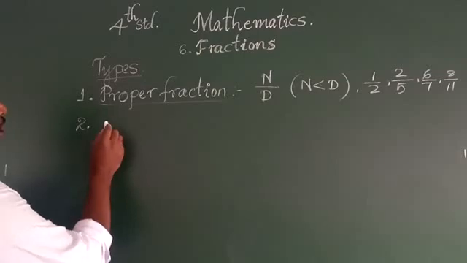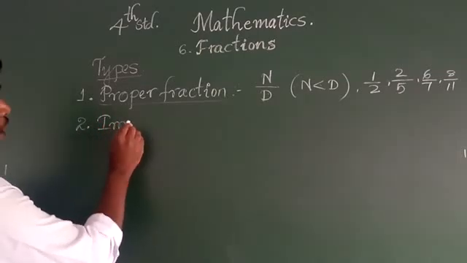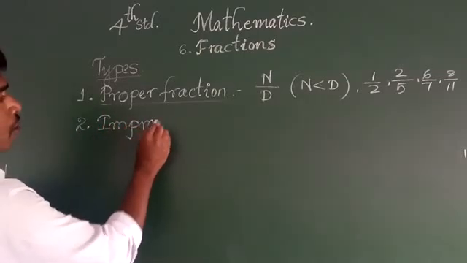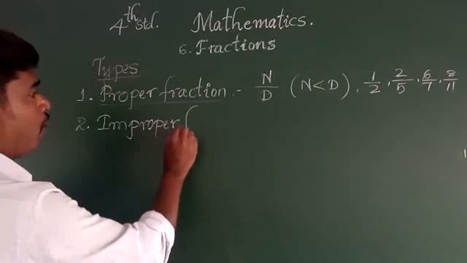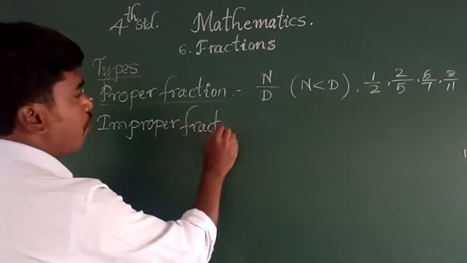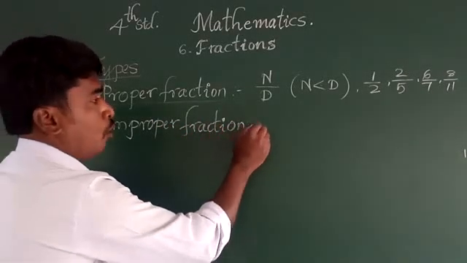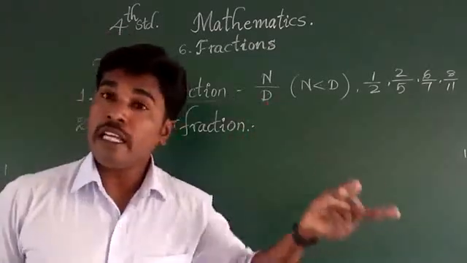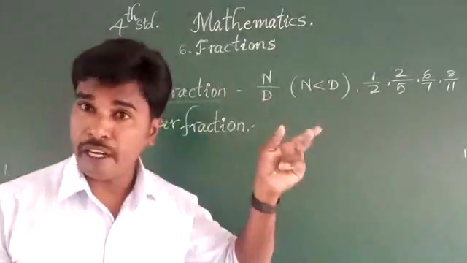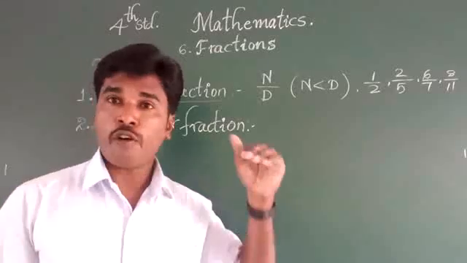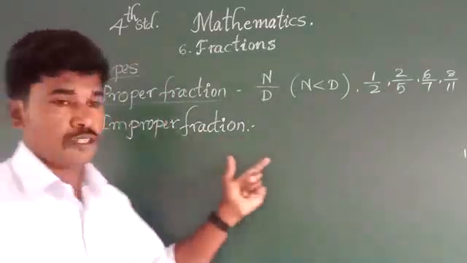Now you come to the second type, it is improper fraction. In a fraction whose denominator is smaller than numerator, such fractions are called improper fractions.